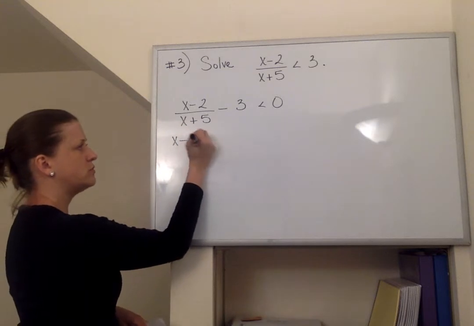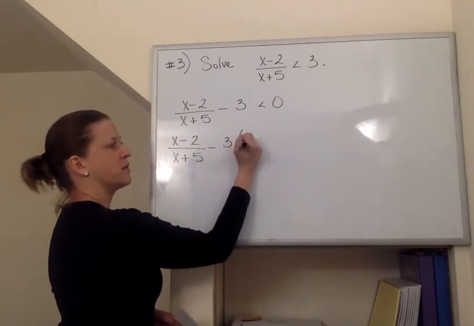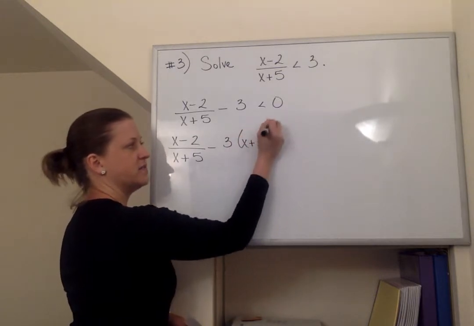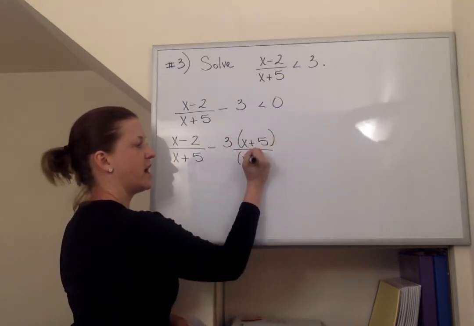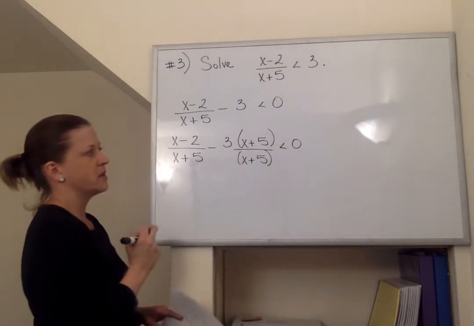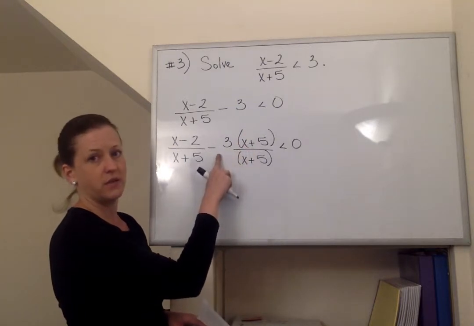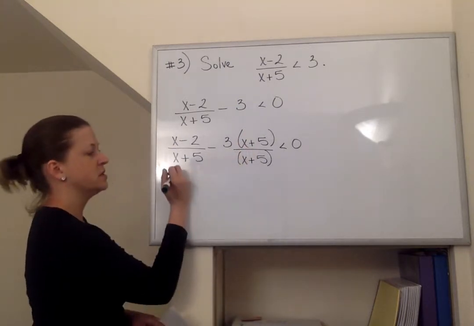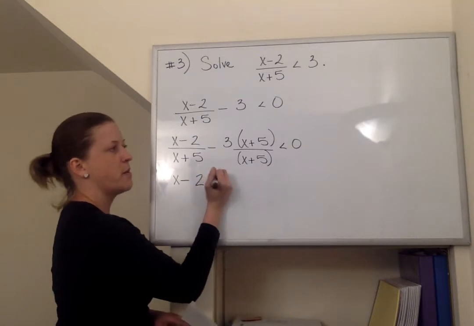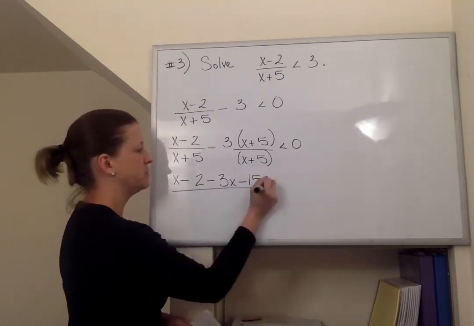So if I multiply the 3 times x plus 5 over x plus 5, now be careful when you distribute the 3, you're actually distributing a negative 3, so just be careful of that. So you get x minus 2 minus 3x minus 15.